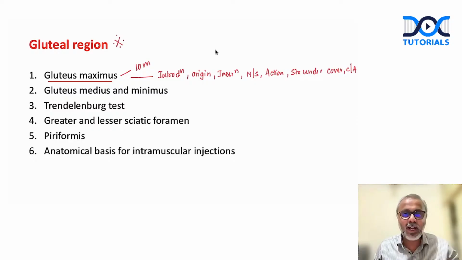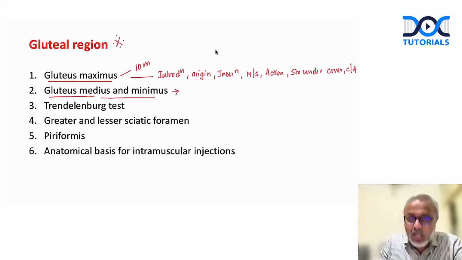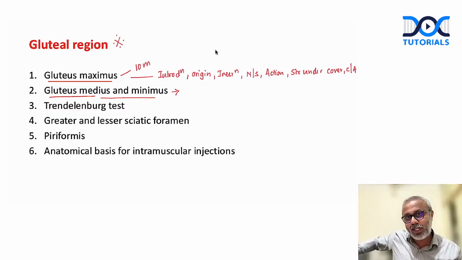So the next important topic, gluteus medius and minimus. Now remember, these are the chief abductors of the hip. These are the muscles which help us in abducting the hip.